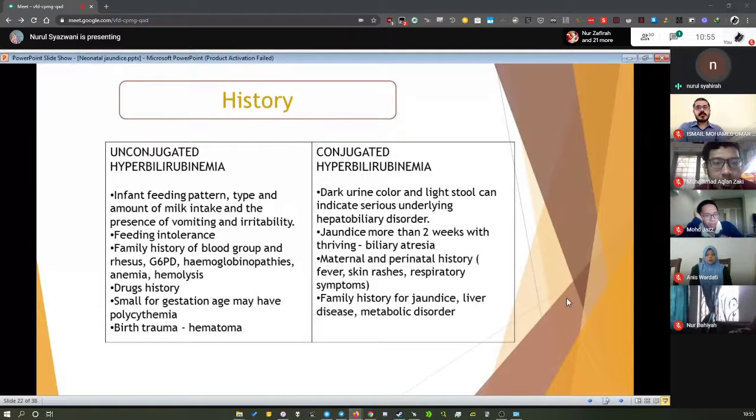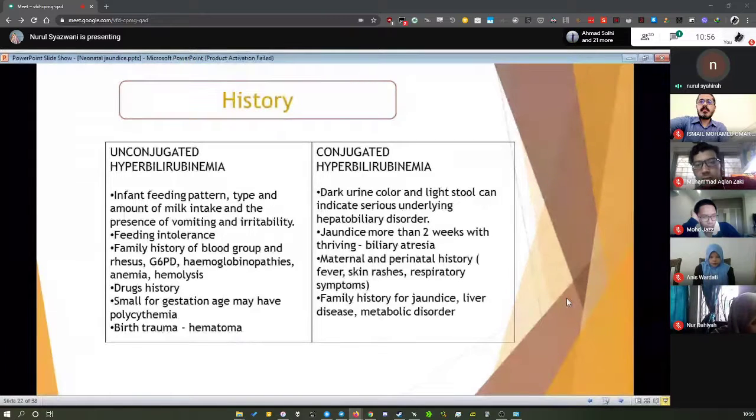Okay, and then this one is the presentation for the unconjugated hyperbilirubinemia and conjugated hyperbilirubinemia. Usually for the patient with unconjugated hyperbilirubinemia, we must ask the feeding pattern, type and amount of milk intake, presence of vomiting and irritability, feeding intolerance, family history of blood group incompatibility, G6PD and hemoglobinopathy.